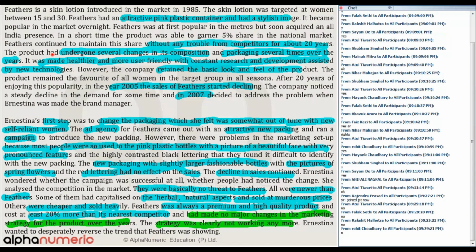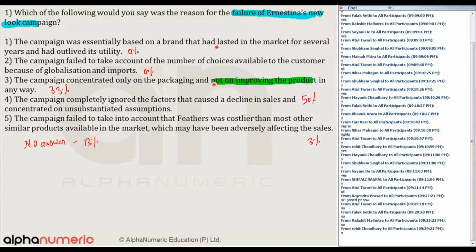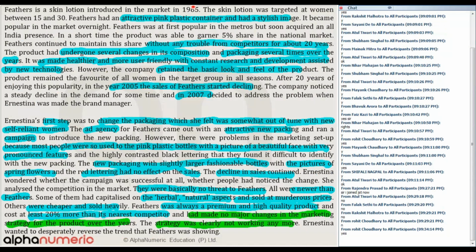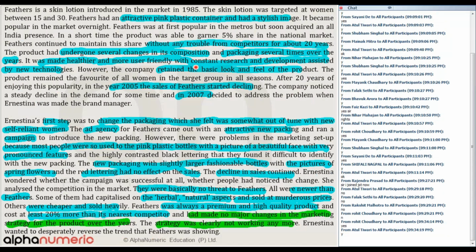So how can you say that the product was not improved? Those who marked option number 3 said that the campaign does not concentrate on improving the product. So the product has been improved here. Yes, of course, this is before Anistia, but the product has been improved.